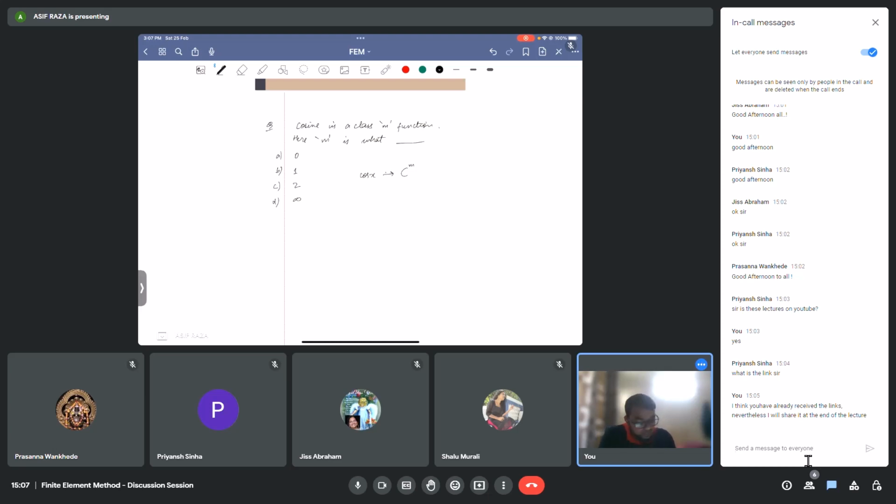So what is m here? C0, C1, C2, or C infinity function? I'll give you a guess that the cosine function is called a smooth function.